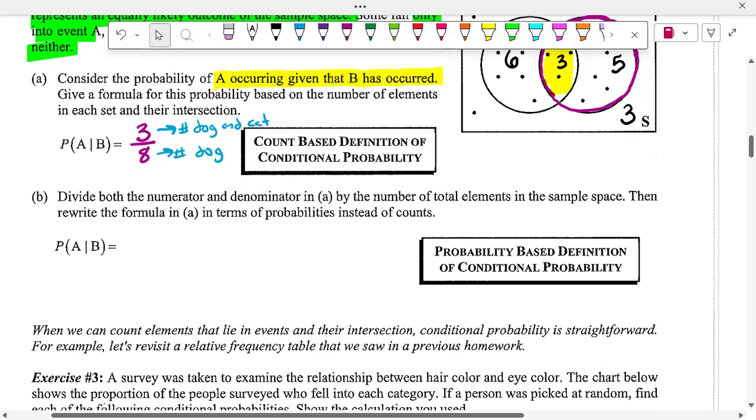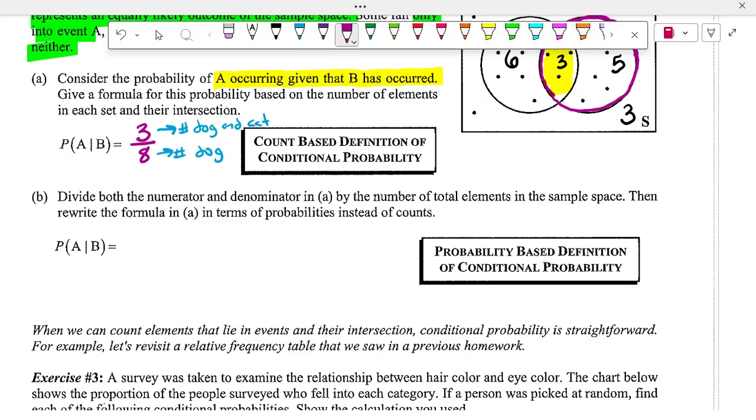based off of what we just did, let's see if we can come up with a generic formula that will always work for conditional probability. So essentially, what was the numerator? The one in the middle. So how would I state that in terms of probability?